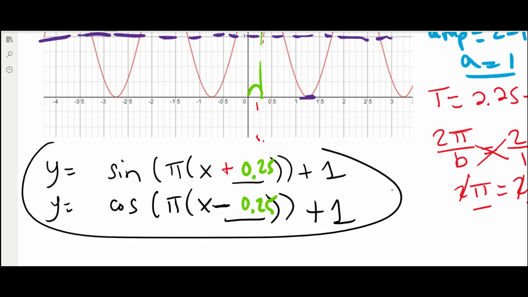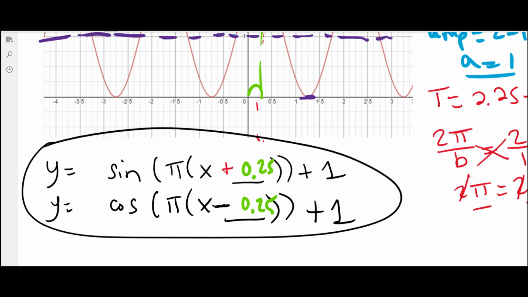All right, and those are 2 examples. Now, those aren't the only solutions to this problem. You can have different numbers for C and still get the right answer. There are actually an infinite amount of correct answers for this. But that doesn't mean that all answers are correct.